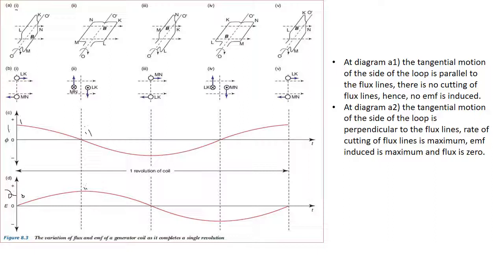Hence, there is no cutting of flux, and so the flux is maximum. Although it's maximum, we actually see the graph below 0. This is because of the sides being different, the sides that are opposite. So I'll just put this as number 3, while the EMF, once again, is 0. And so the cycle repeats itself.